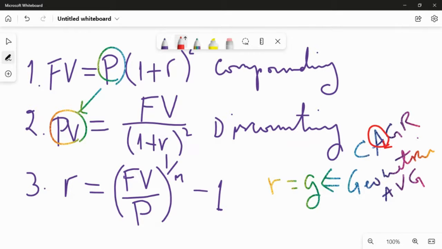It can be monthly, depending on the time unit you're using. Are we dealing with monthly data, quarterly data, or annual data? If it is annual data, of course, the growth rate will be the compounded annual growth rate. But if it is quarterly, it should be called CQGR. If it is monthly, CMGR. So CAGR is not a fixed term.